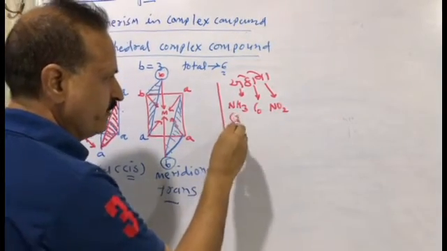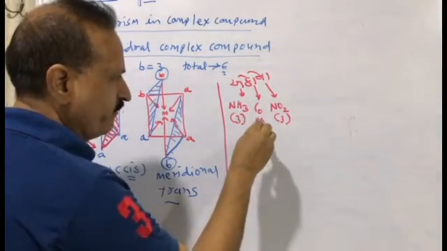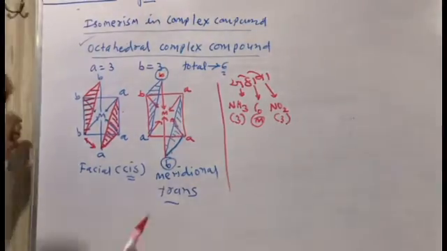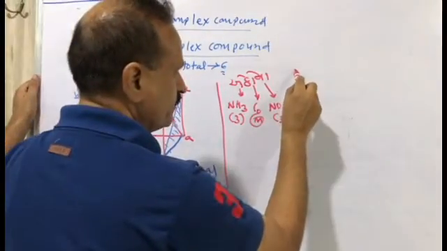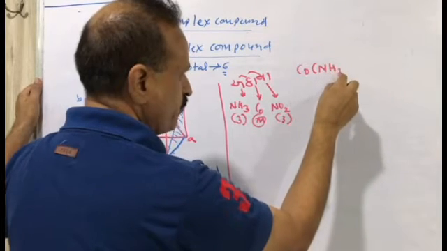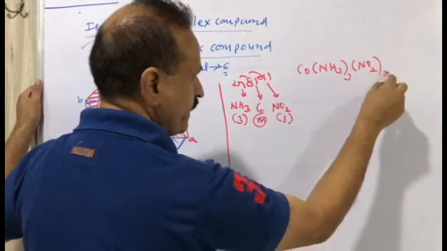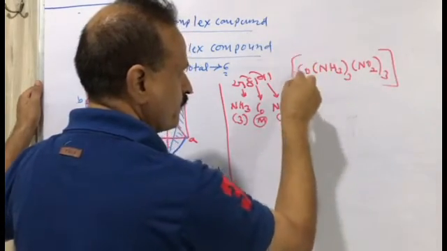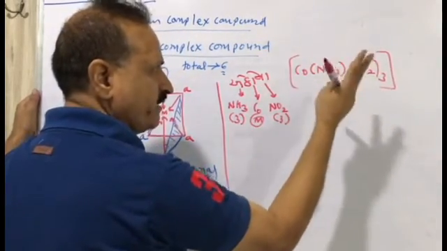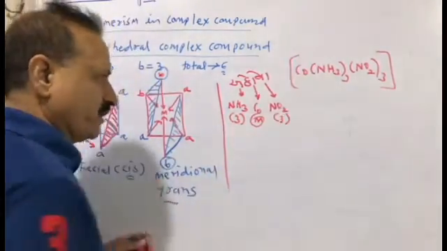So 3 ligands will be ammonia, 3 ligands will be nitro, and the metal will be cobalt. So the formula will be cobalt, ammonia 3, and nitro also 3. Nitro is 1 minus, cobalt is 3 plus, no charge will be available, ammonia is neutral.